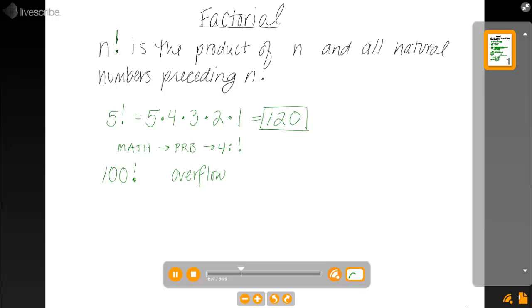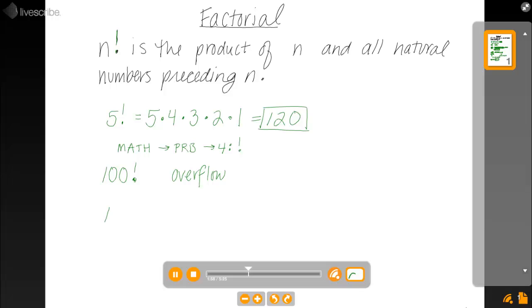You asked the calculator to do 100 times 99 times 98 times 97, etc., all the way down times 3 times 2 times 1, and the calculator could not do that. It was too big. So there are some values where it's just nicer to leave as 100 factorial. It's going to be some giant number, so it's nicer to just look at it as 100 factorial.